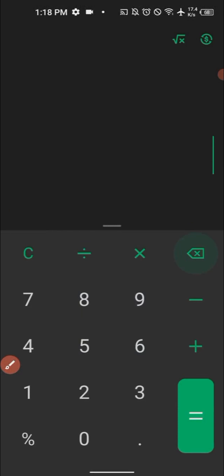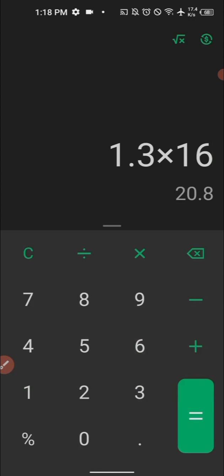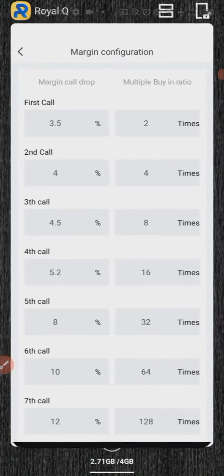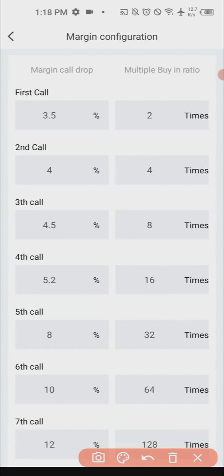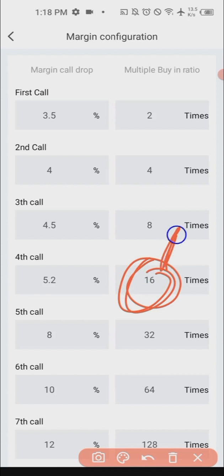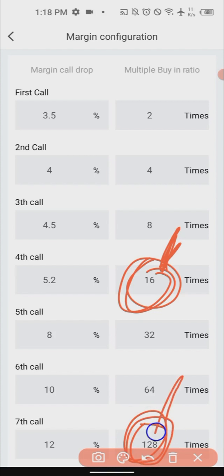So let us check it. 1.3 times 16. So automatically he makes 20% on this one, because remember he is buying 16 places. So if only this one increases by 1.3%, what happens? He's making 20% straight up. Let us imagine the coin now dips to the seventh margin call, and it now makes another 1.3% on this.